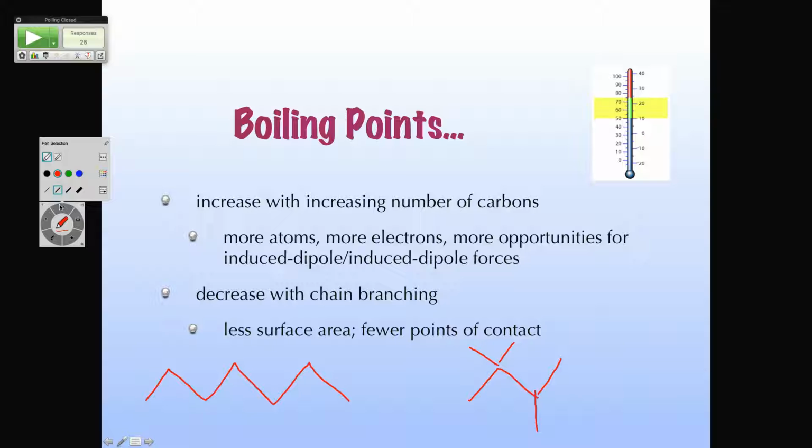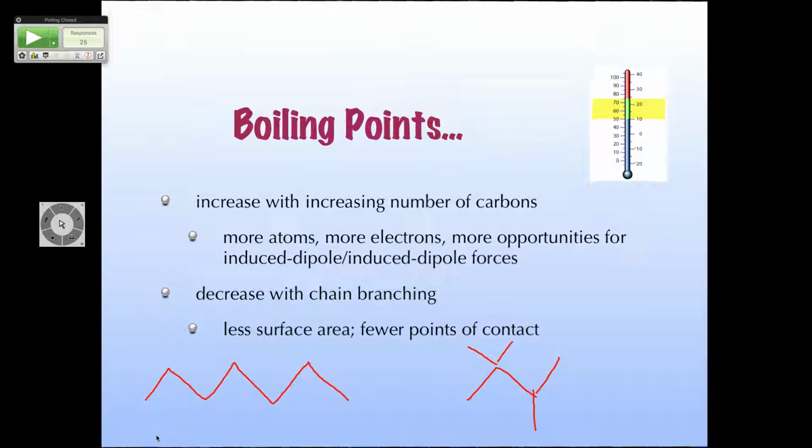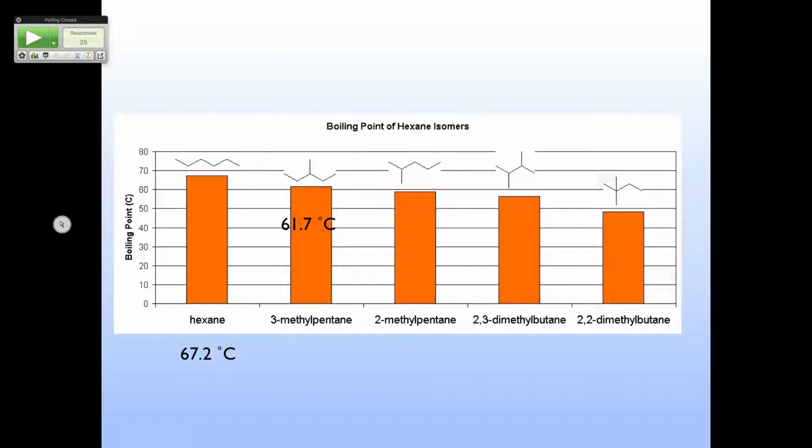All right, hang on. Now we're going to look at some compounds. Here are hexane isomers. Don't worry about the naming thing. We'll get to that. That's in chapter 3. You'll see that this is hexane up here, 6 carbons all in a row.